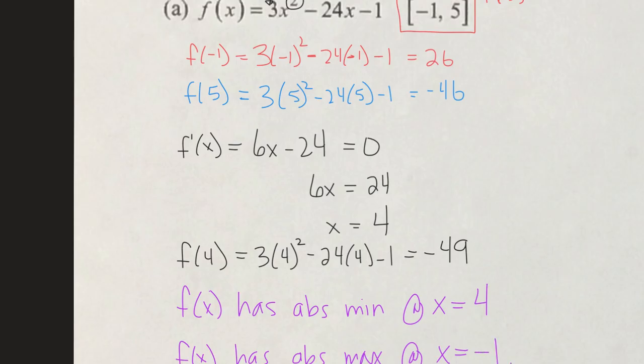So we do the work to figure out what our y values are, but your answers are x values. f of x has a maximum when x equals -1 and a minimum when x equals 4. It's not asking you what the maximum and minimum values are. They want to know what are the x values where that occurs.